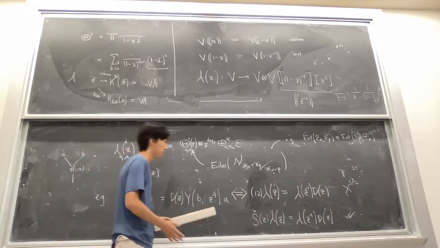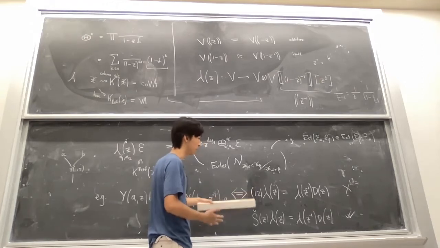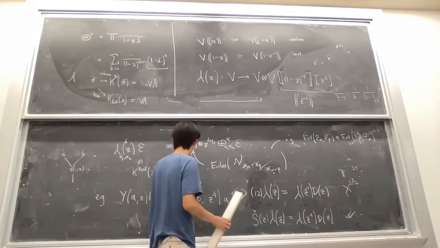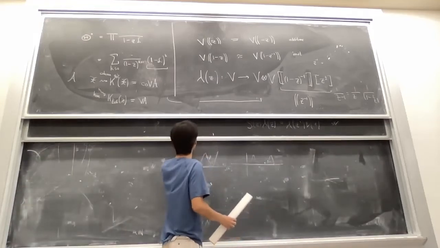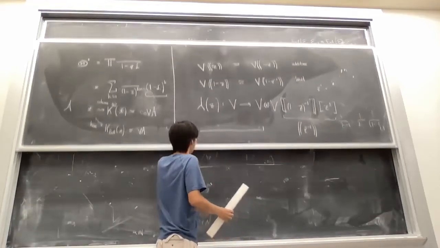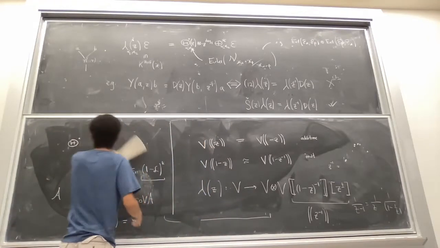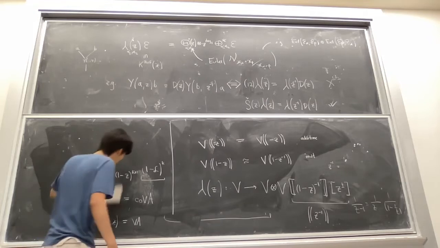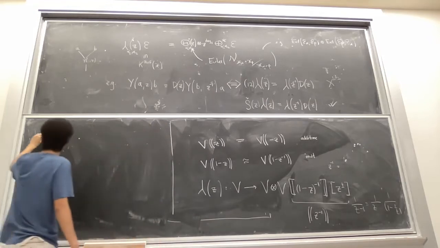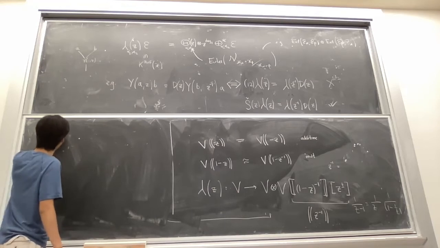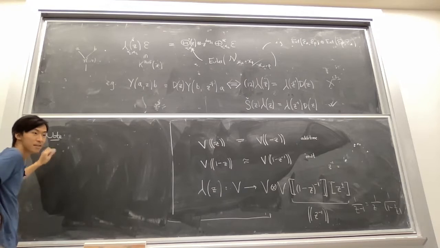So maybe let me give you another source for this kind of subtlety, which is multiplicative. There are many different ways to expand rational functions of two variables.